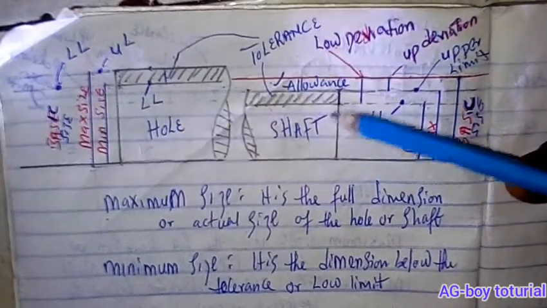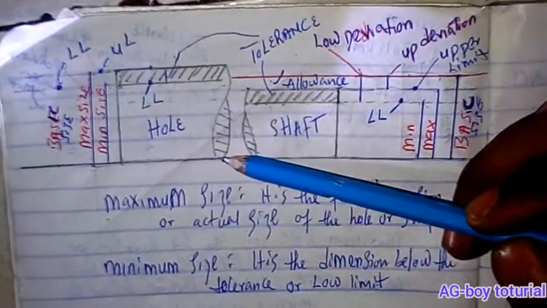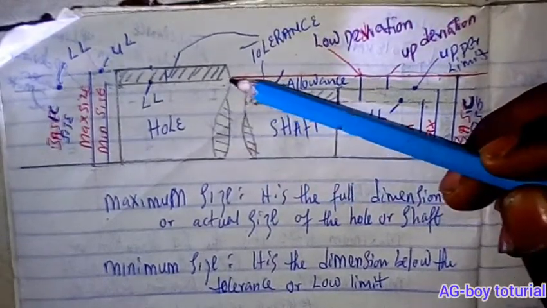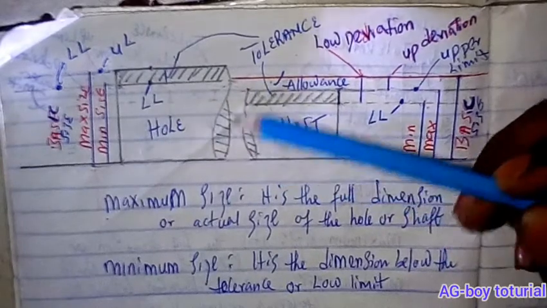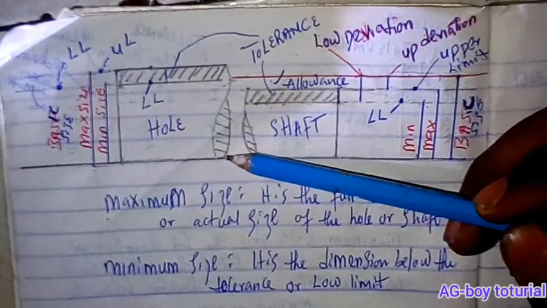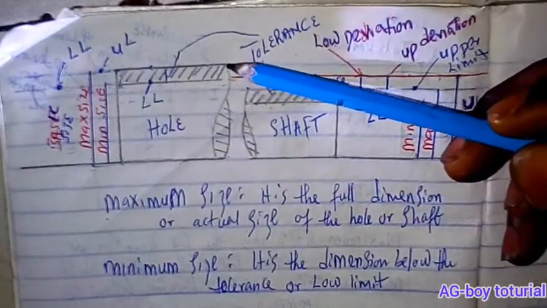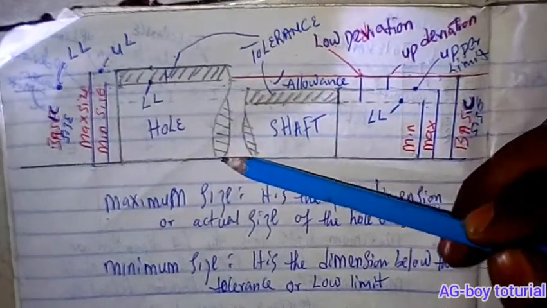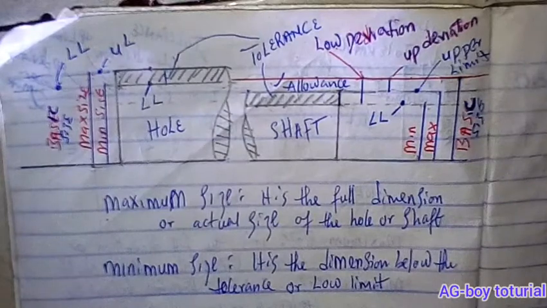That's for my shaft. Then for my hole, from this point down to this point is my minimum size, while from the upper limit down to this point here is my maximum size.